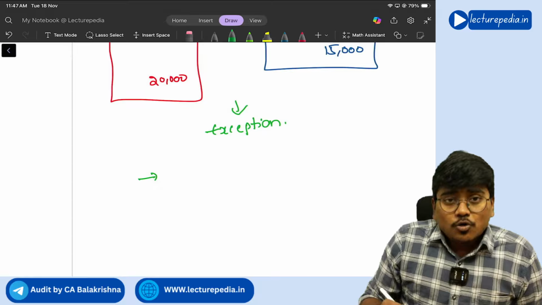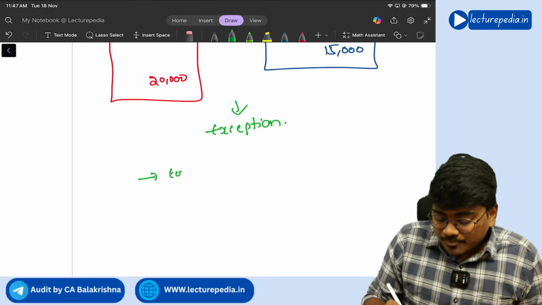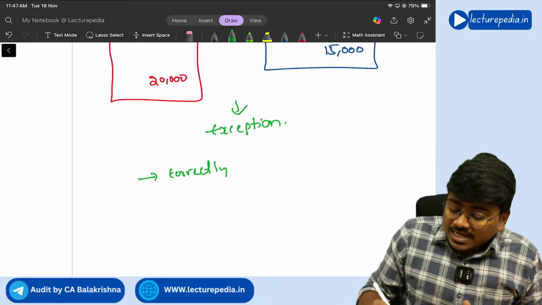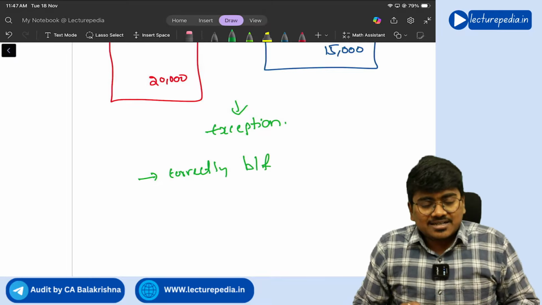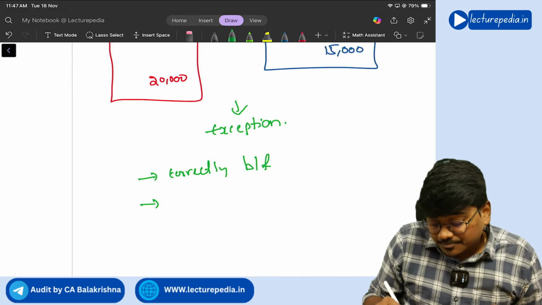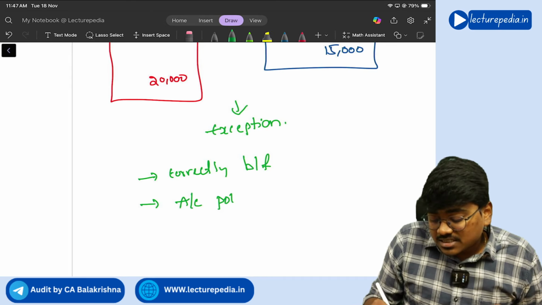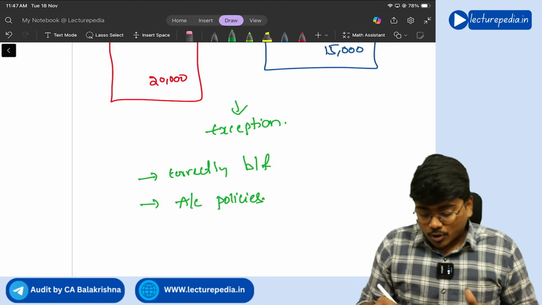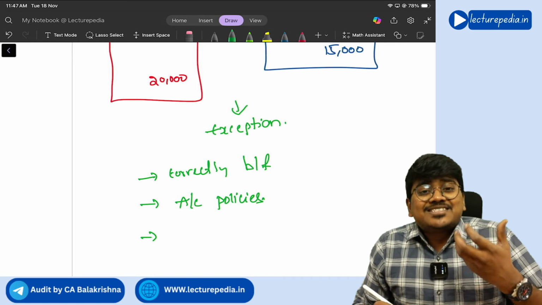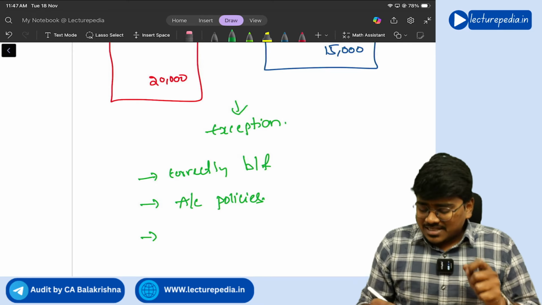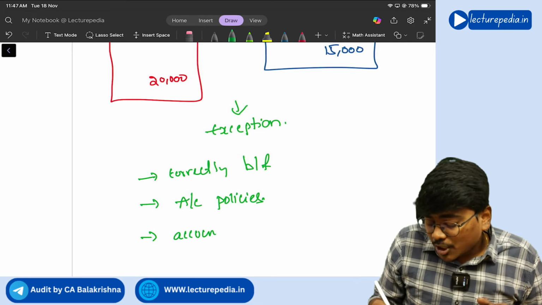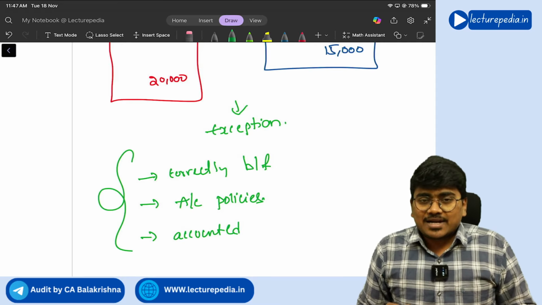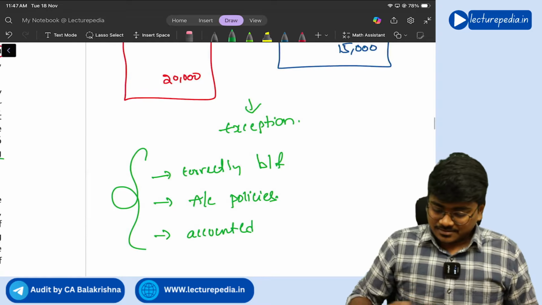He needs to check whether opening balances are correctly brought forward, that is closing balances of a previous year are correctly brought forward to current year as opening balances, and whether accounting policies that are used in the opening balances are consistently followed, and if at all there is any change in the accounting policy, whether that has been properly accounted for or not. These are the objectives that you have to write down as per SA 510.